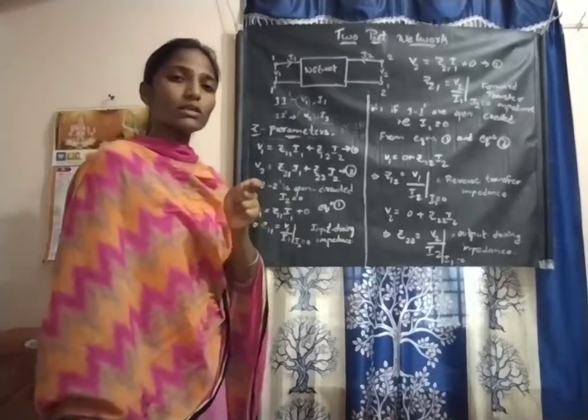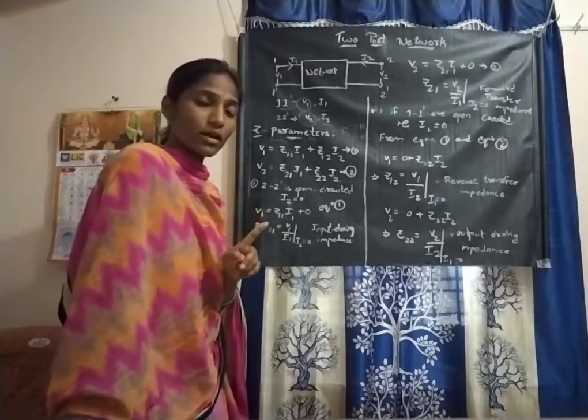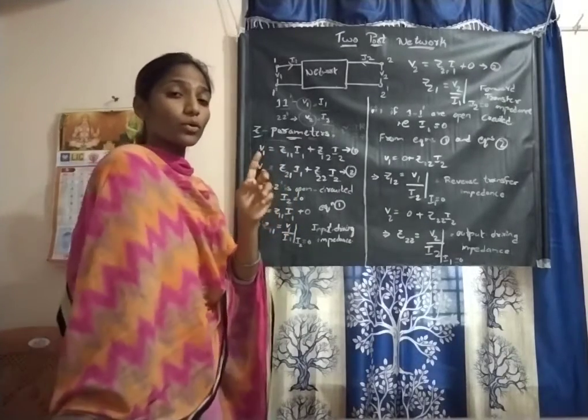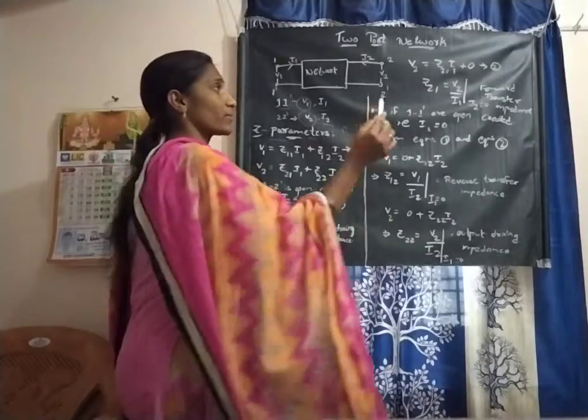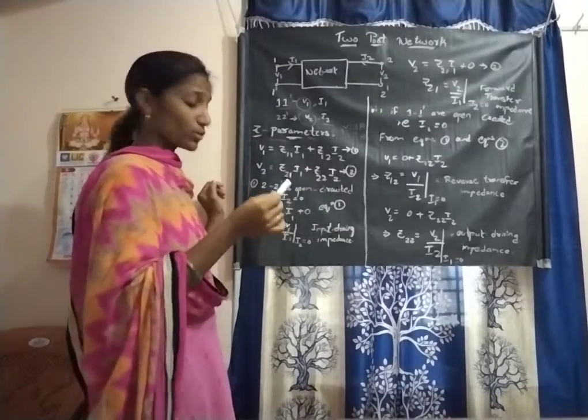Now, to calculate the Z parameters, the first condition is to make one terminal of the two-port network open circuit. I consider the 2 dash port as open circuit, that is, I2 is equal to 0.